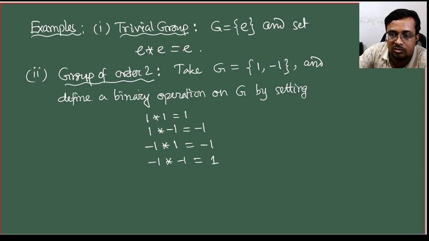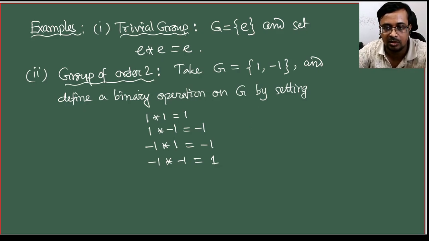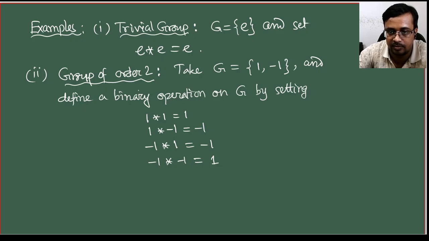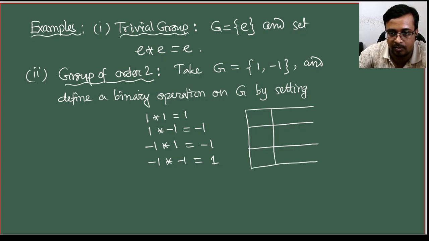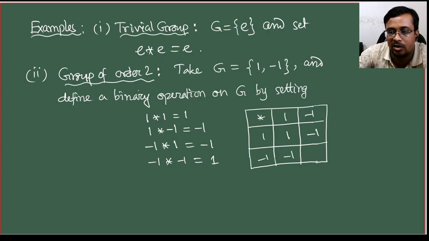So we can basically write this in terms of the following table, with 1 and minus 1 along the rows and columns. 1 times 1 equals 1, 1 times minus 1 equals minus 1, minus 1 times 1 equals minus 1, and minus 1 times minus 1 equals 1.